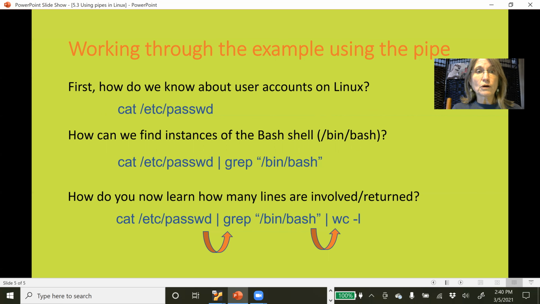After that, we would want to figure out which of those lines employ or have a record of the bash shell.